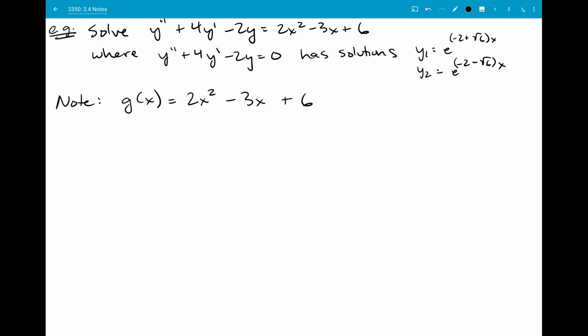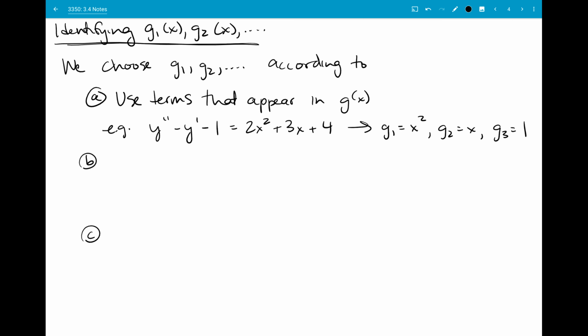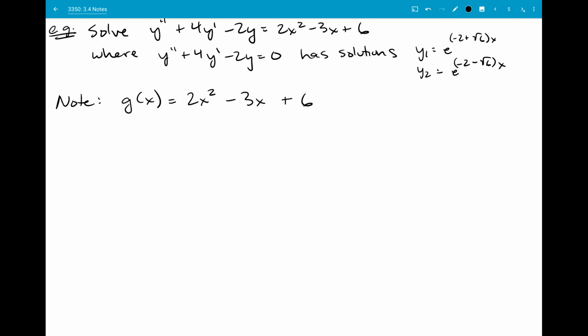And when we're applying principle A, we just use terms that show up in g of x to build our g1, g2, and so on. So here I see an x squared, I see an x, and I see something that's a constant, and I'm just going to call that a 1. And so my y sub p should be a times x squared plus b times x plus c times 1, where a, b, and c are unknown.